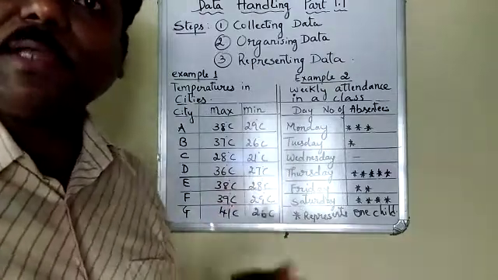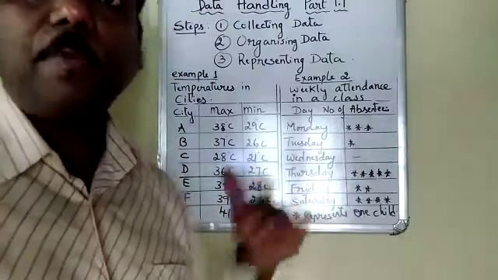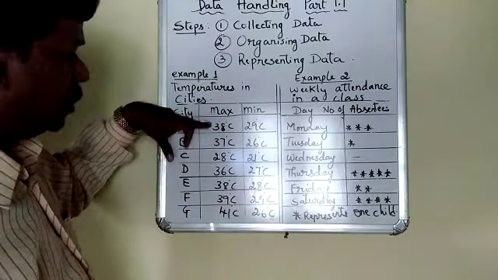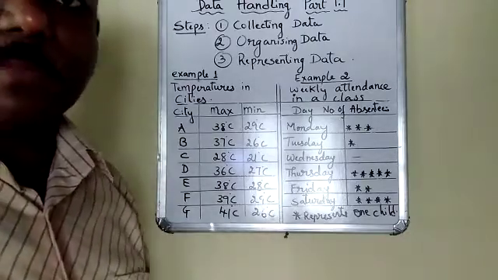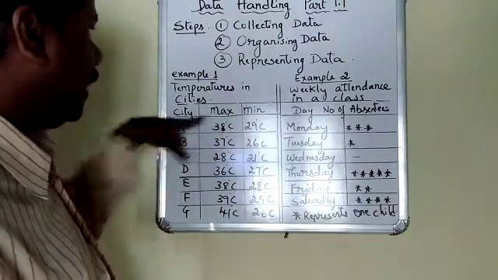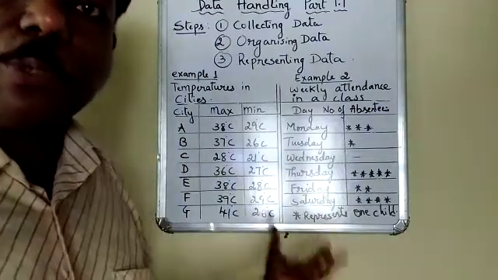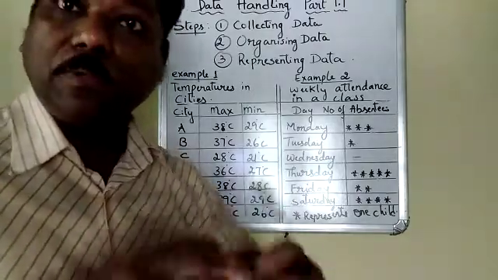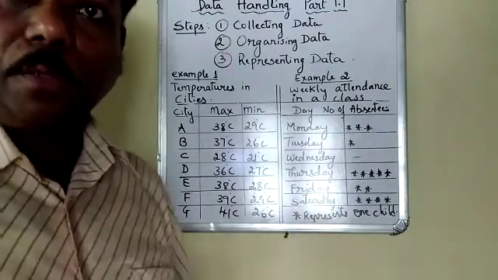I can also compare the values: which cities had the same maximum or minimum temperatures. 38 degrees Celsius and 38 degrees Celsius, that is city A and city E had the same maximum temperature, and city A and city F have 29 degrees Celsius as the minimum temperature. So this is one example wherein we can interpret the same data in different ways.